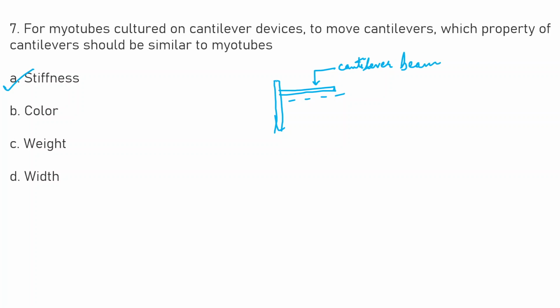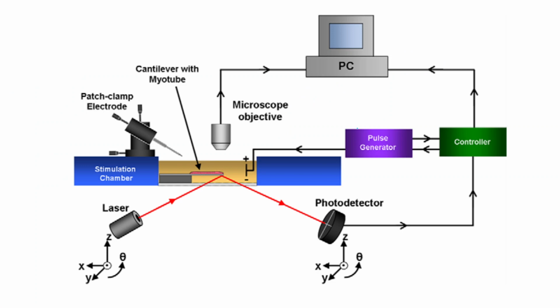A cantilever is supported on one end and it's free on the other end. In this schematic, you can appreciate how a cantilever is used to measure muscle force or muscle stiffness.